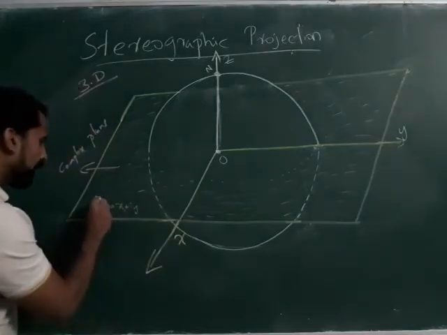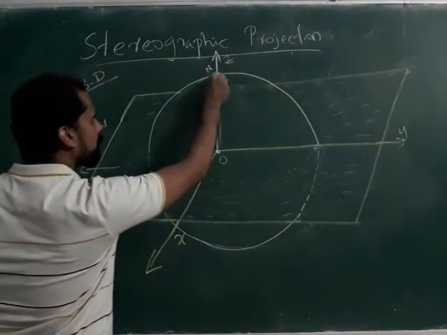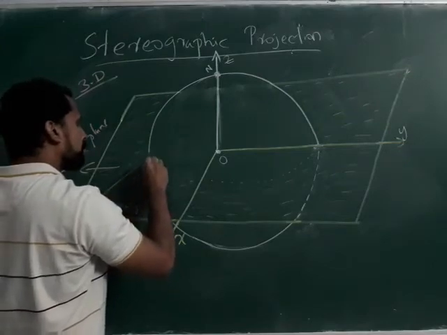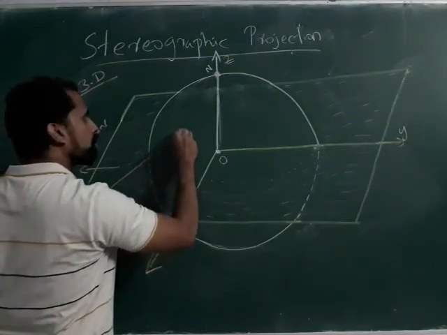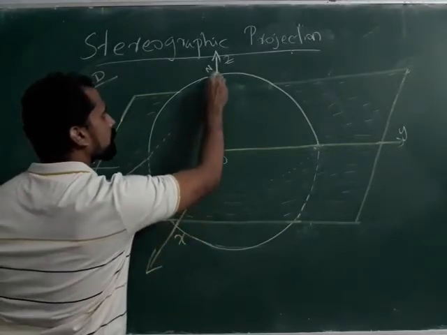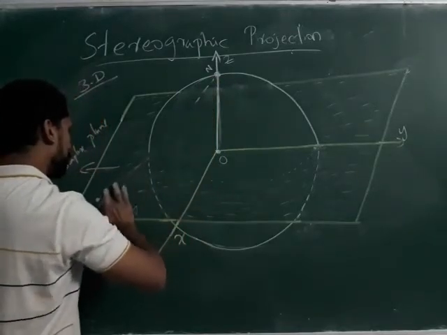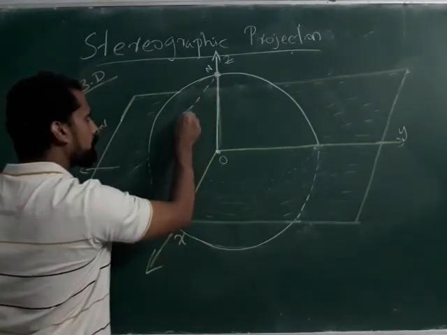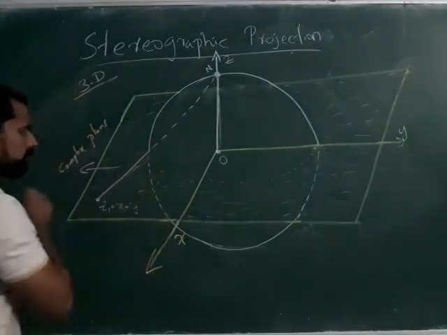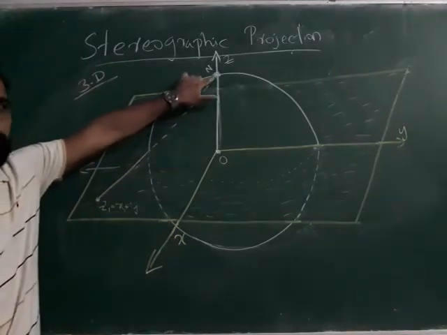For example, if you just draw a line from this particular point to this point, I am drawing it like this. Sorry, my line is not straight. Yeah, so this will cut this point and go to this end.